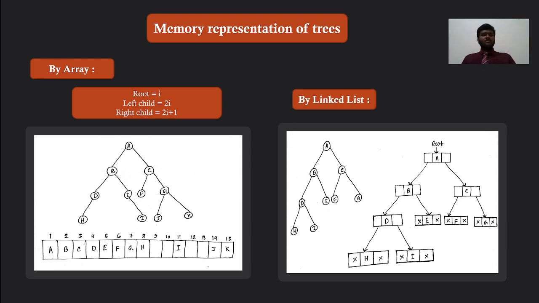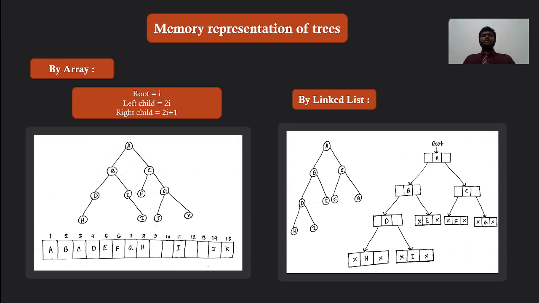Here E doesn't have any left child, so at placement 10 it is null, and its right child is at 11, which is I. And by this process we can find the memory representation of this by array.